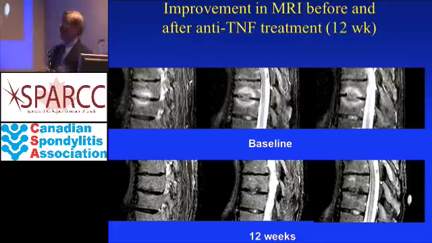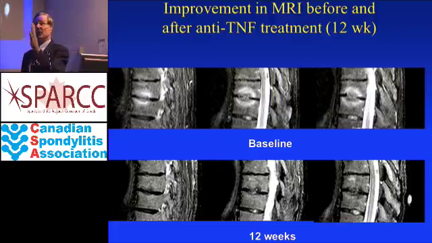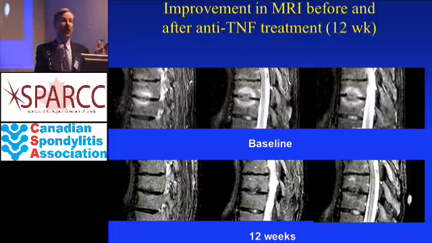Well, as you know, MRI has really changed significantly our ability to diagnose ankylosing spondylitis earlier, because the X-ray changes that occur in this disease develop over months and sometimes years. But the changes that occur in the MRI almost certainly occur before those X-ray changes occur.